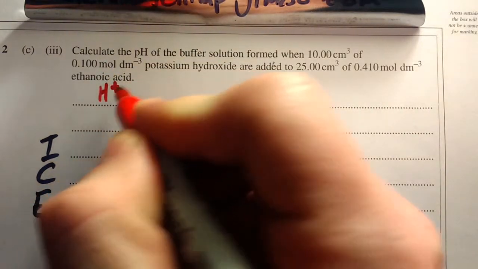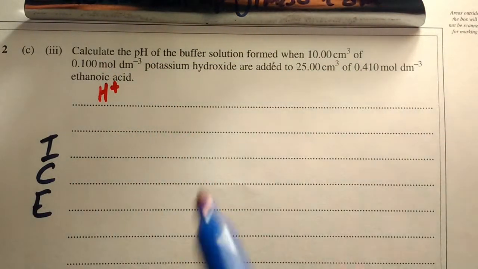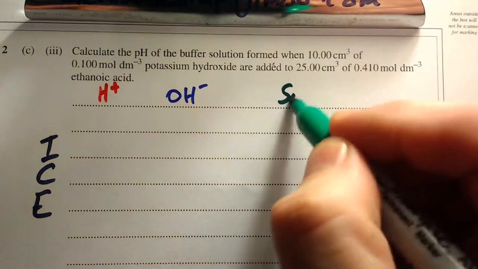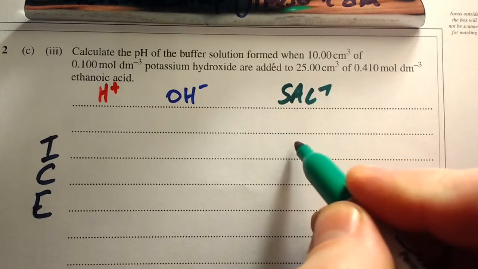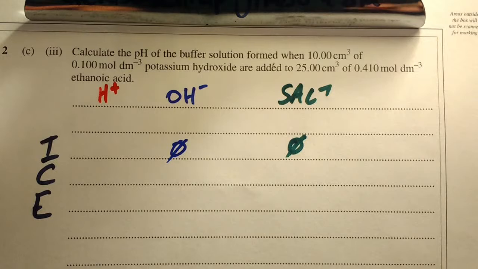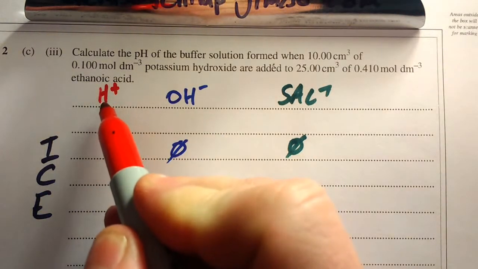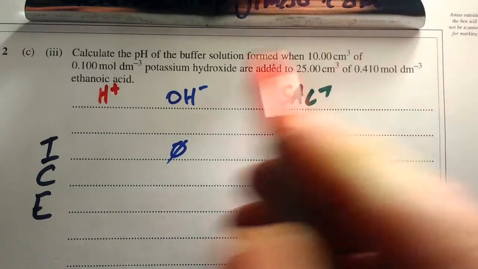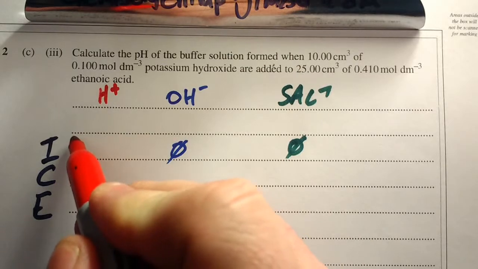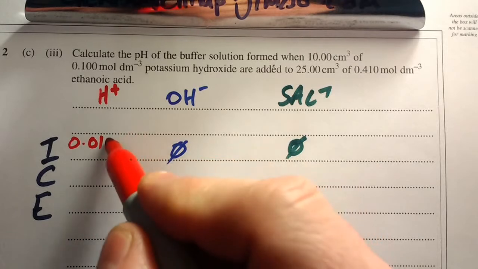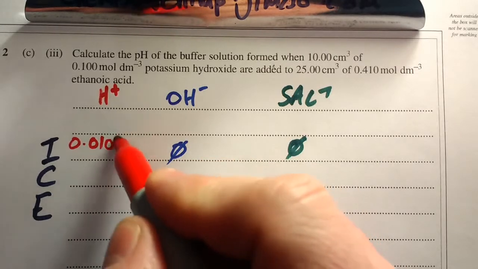So for H plus ions, OH minus ions, and then the salt, at the start we've got 0 salt, 0 hydroxide, but we need to calculate the H plus ion concentration, and that is 25 times 0.41 divided by 1000, V times M over 1000, and that should give us 0.01025.